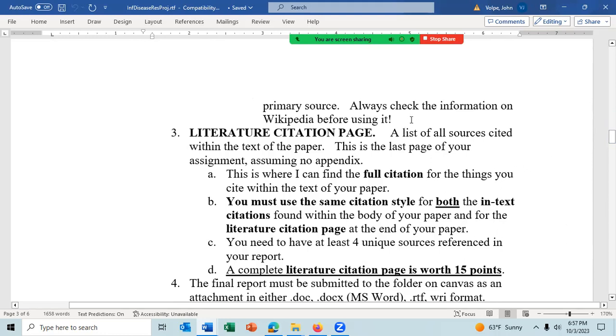And you should check your information whenever you get it from the internet, because you can put up anything on the internet. All right, the full citation, called the literature citation page, is where you have the full citation. You must have at least 4 unique sources referenced in your report.